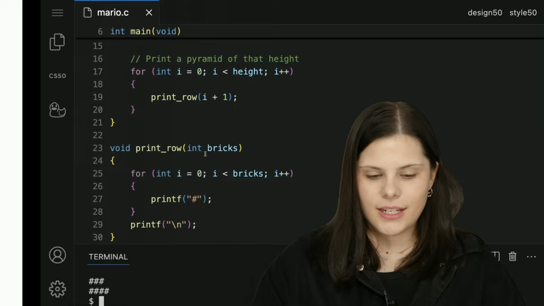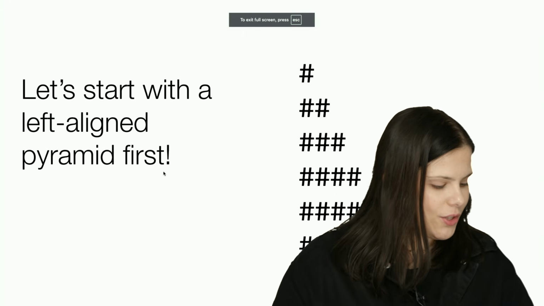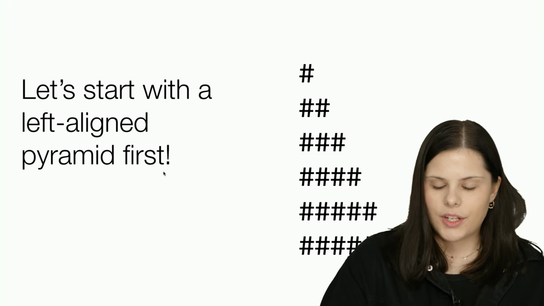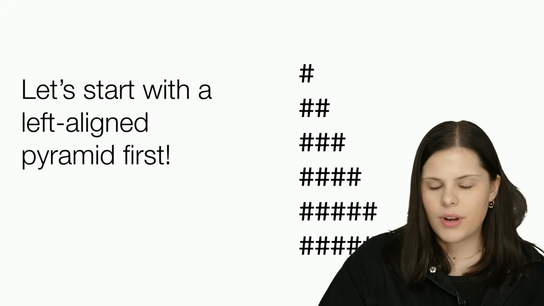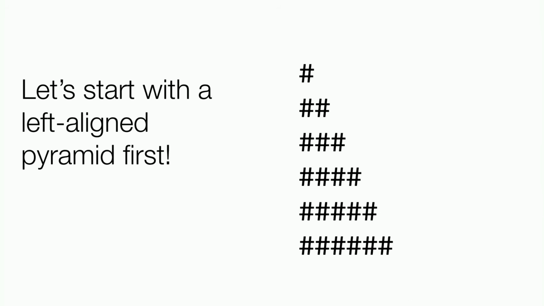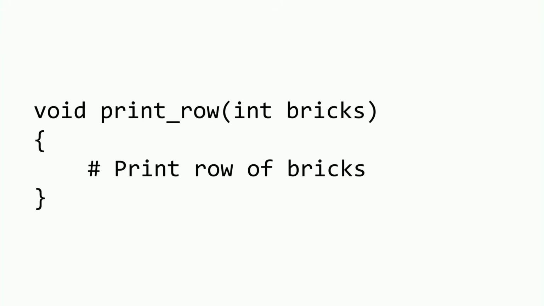Alrighty, seeing none. So let's go back and actually do a quick recap, right, of the print_row function. So we just wrote it and we already talked about it. Let's briefly consider again, what are the components that go into it? So we had our setup of void print_row(int bricks), right? We're printing out one row of bricks at a time. And again, just a good habit of breaking down things as you go.